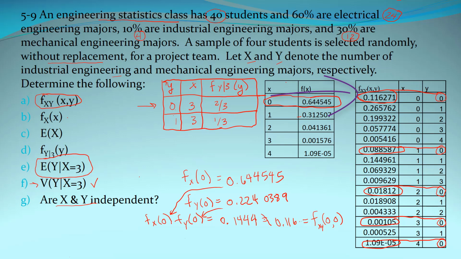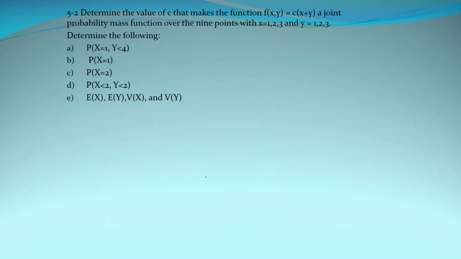And we're finding out that the probability of x is 0 and y is 0, which is 0.116 blah blah blah, is not the same as these two marginal distributions, f of x at 0 and f of y at 0. They're just not the same. So are x and y independent? No, they're not.